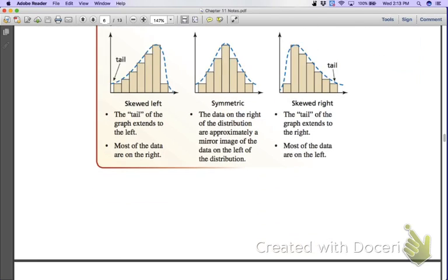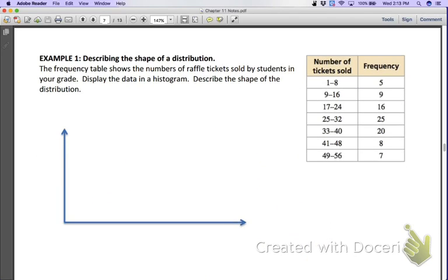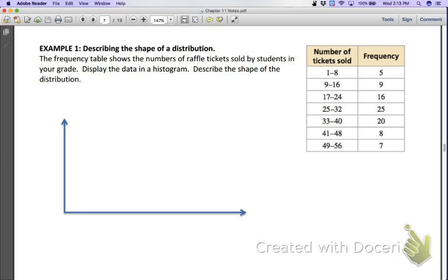So from there, whenever we describe the shape of the data, in this case, it talks about number of tickets sold being between 1 to 8, 9 to 16, everything going up in the same interval. Whenever we actually draw the histogram, what is over to the right is called the frequency table. It basically tells you how many times something happens in that particular interval.